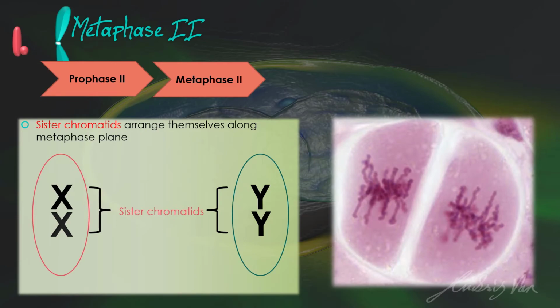And just take note, there is some sort of independent assortment of the sister chromatids, because for metaphase 2, the sister chromatids are not exactly identical due to the crossing over which took place in prophase 1. So how the sister chromatids arrange themselves will also give rise to genetic variation.